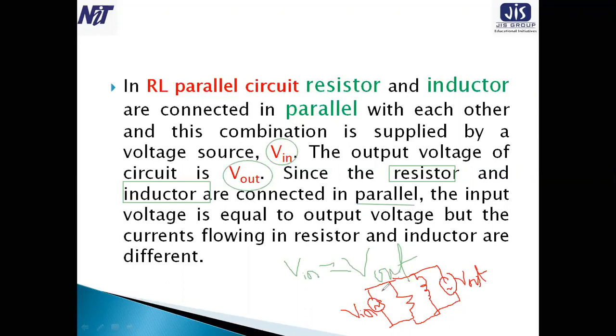But the current is not the same. The current flowing in the resistor and inductor are different in this case. Some current will flow through this path, some current will flow through this path, and the value of the current at the terminal will be different, but the voltage on both sides of the terminal is the same.